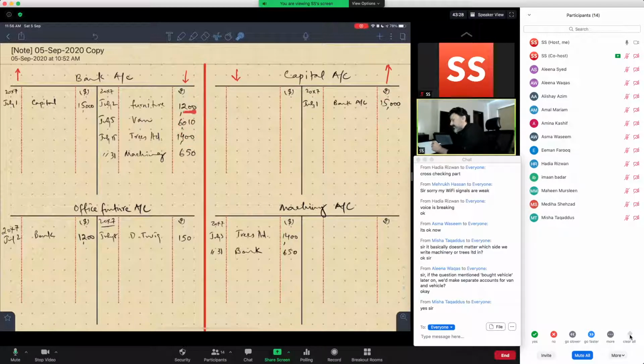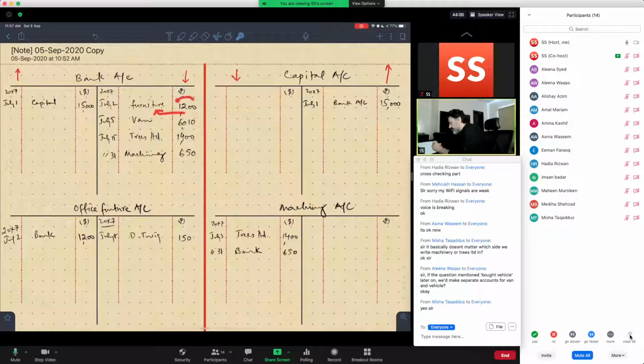So $1,200 on the credit side means that we paid out of our bank account, because losing balance from the bank account means that we lost $1,200 from the bank account, we lost $6,000 in the bank account, and then again bank account further decreases by $1,400 and $650. All of these are events which tell you that your bank account has lost balance because of these reasons. So now you can connect these reasons.